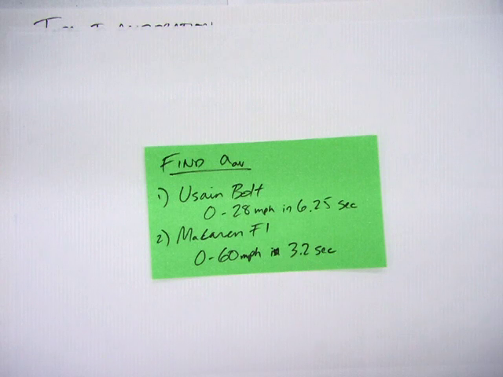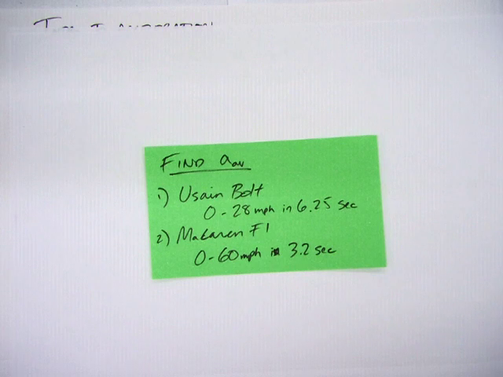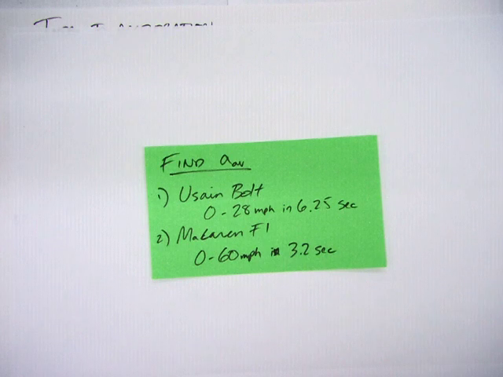Find his average acceleration. And a McLaren F1, a car I would love to have and drive to school every day, goes 0 to 60 in 3.2 seconds. So pause the video, make the conversion and calculate those average accelerations.